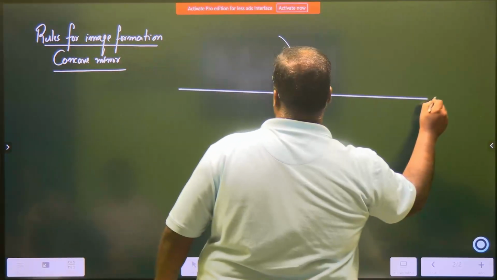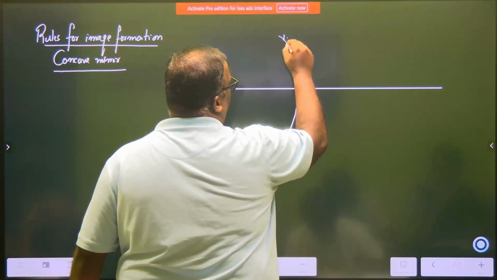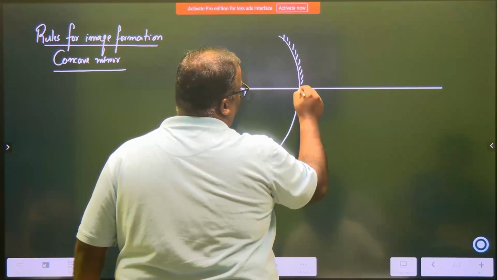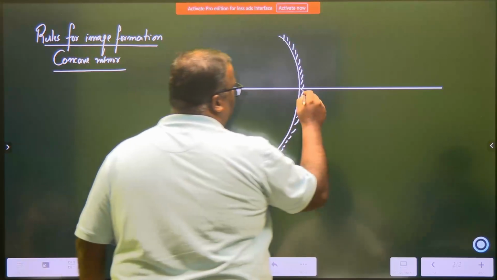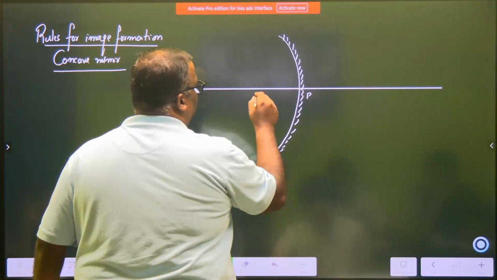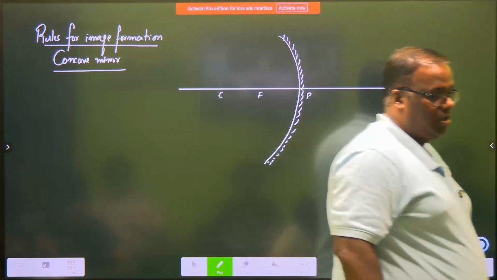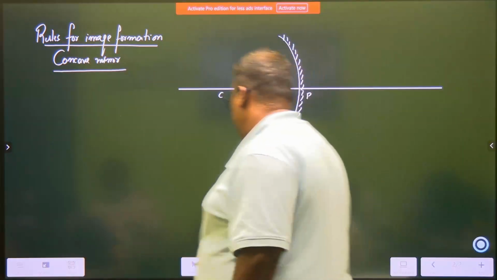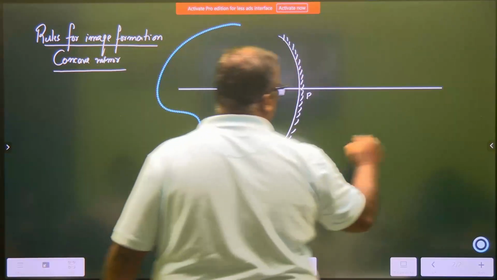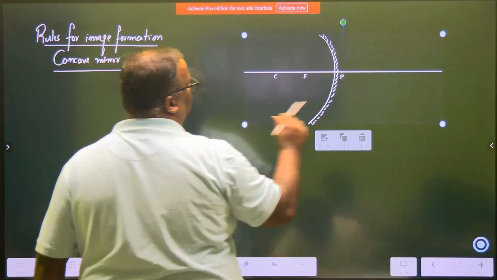Make this diagram at least 3 places, with P, F, C. At least 3 places you make this diagram. It will be easy for you to understand.